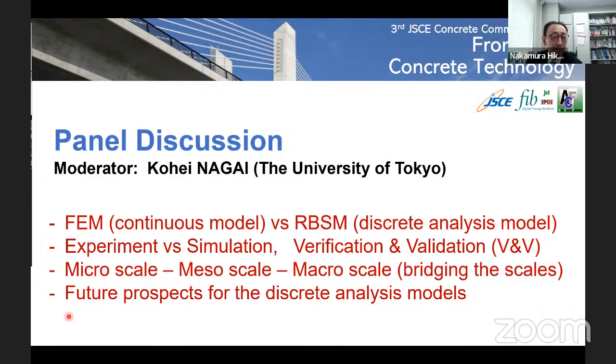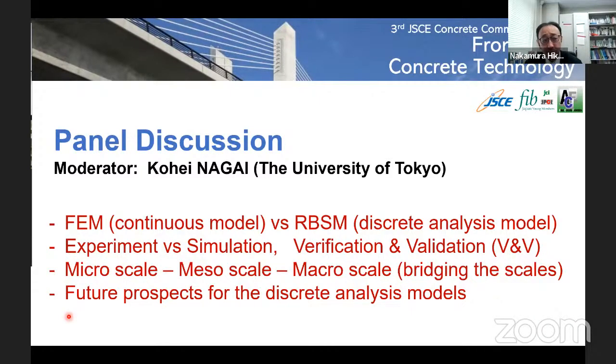My hope is to find new mechanisms, because the macro behavior of the concrete structure originally comes, I believe, from the meso levels and micro levels of cracking. In the experiment alone, it is difficult to image the micro cracking, the small cracking.